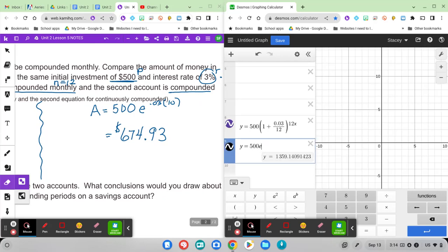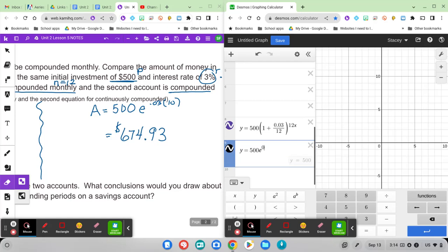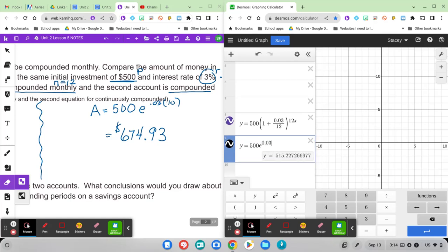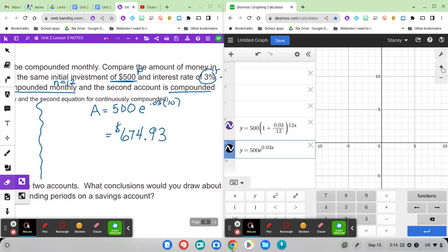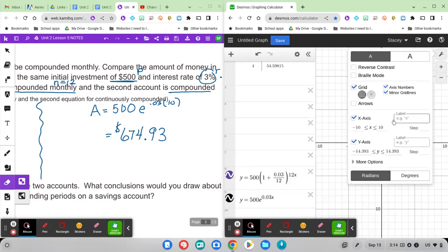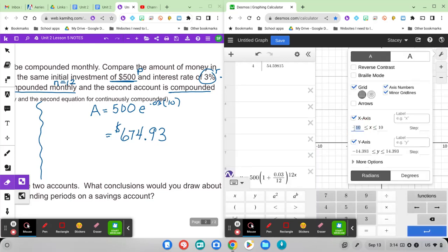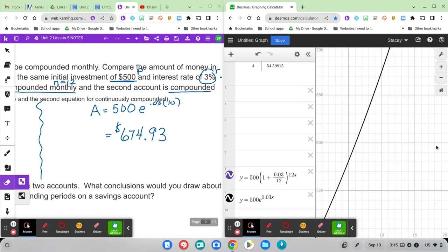500E, raise it to the 0.03, and then X. And then I'm going to adjust it. I'm going to start off at 0. Let's go 20 years. And our Y values, we know we're going to start at 500. And we know in 10 years it'll go up to 600. Let's just say 700, just to see what it would look like.